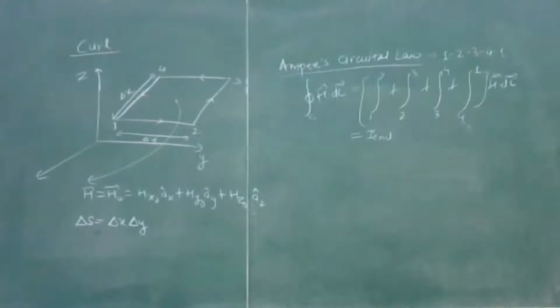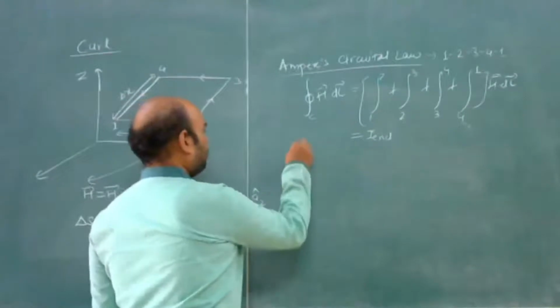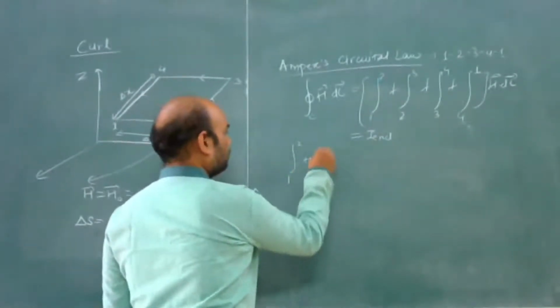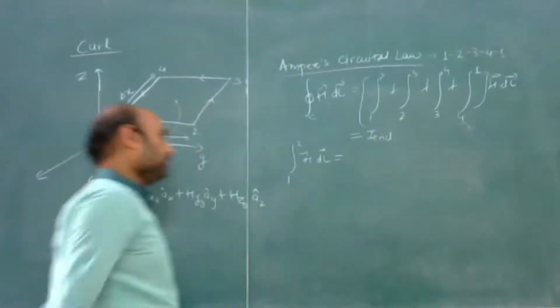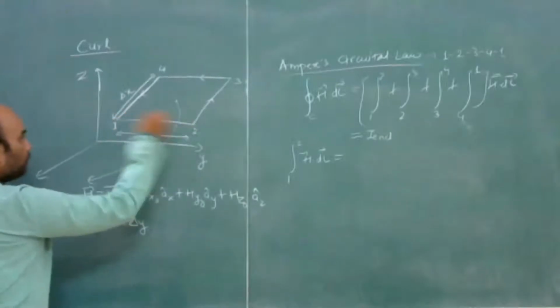Now we will find the value of the line integral from 1 to 2 of H dot dl.